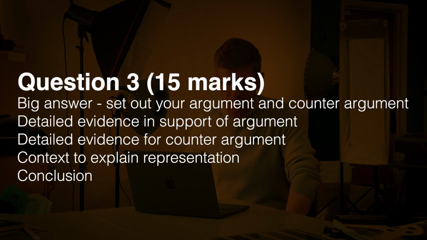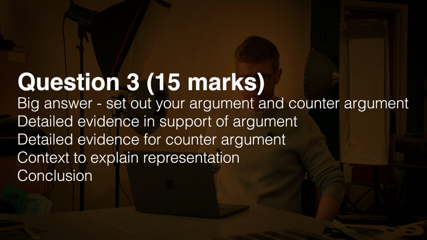Also do this for the counterargument. Then write a paragraph that offers a contextual explanation for the representation. Whatever you've said it looks like, try to explain why with either historical, political, or cultural contexts, or consideration of the audience or producer. And finally, you need to conclude and show your opinion. Revisit your opening argument and state clearly where you stand on it.